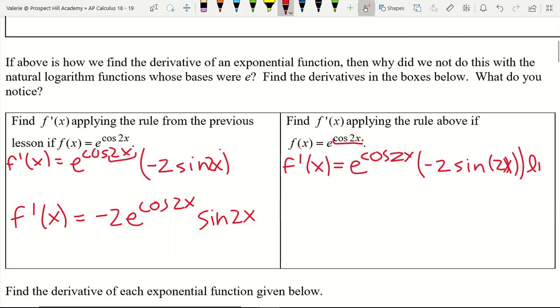All of that times the ln of the base, which is e in this case. Ln and e cancel each other out, so this is 1. So then f prime of x equals negative 2 e to the cosine 2x sine 2x times 1. So it's the same as the left side.